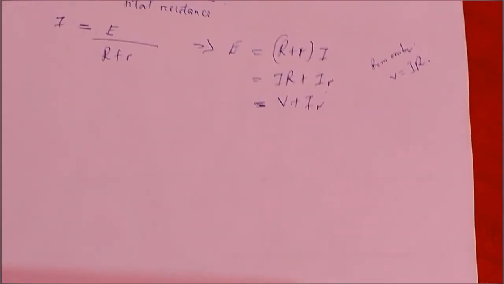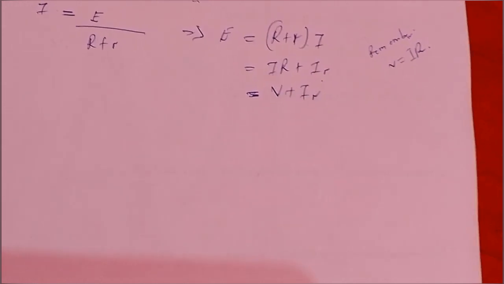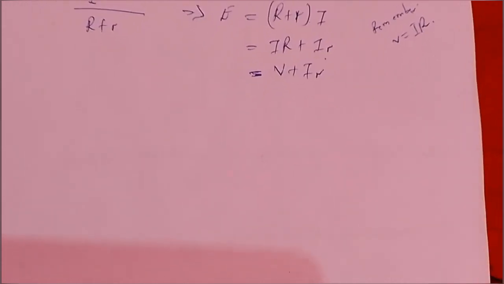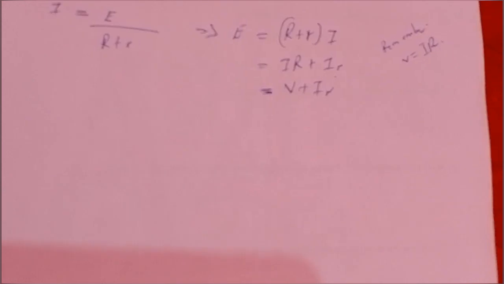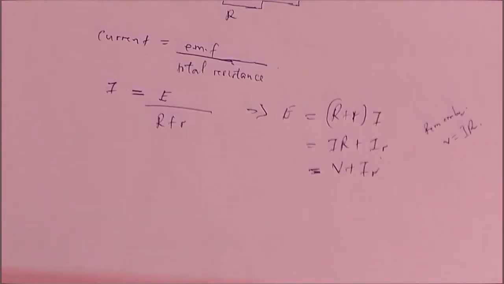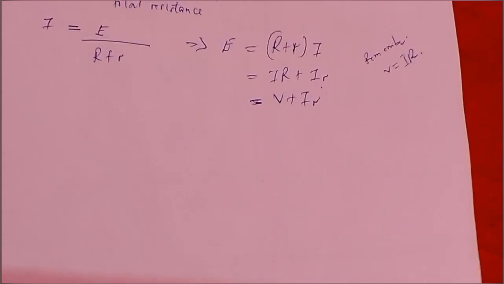And the voltage across the external resistor is called the terminal voltage. While the PD, or the potential difference drop across the internal resistance, is called the lost voltage. Or in simple terms, you can say that the terminal voltage of the cell is the potential difference across the cell when the circuit is closed.